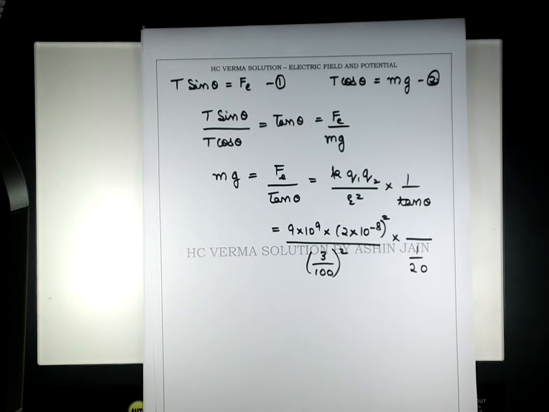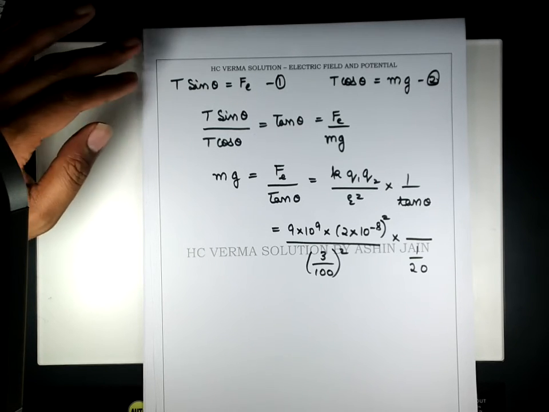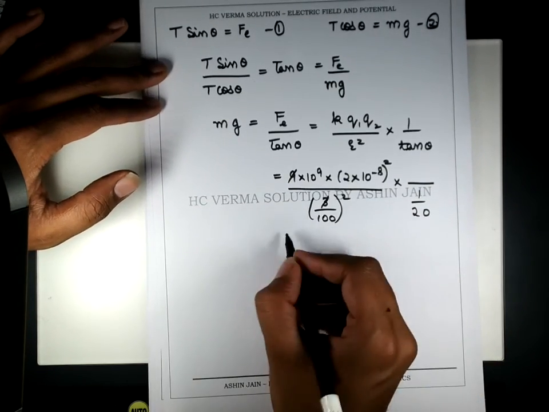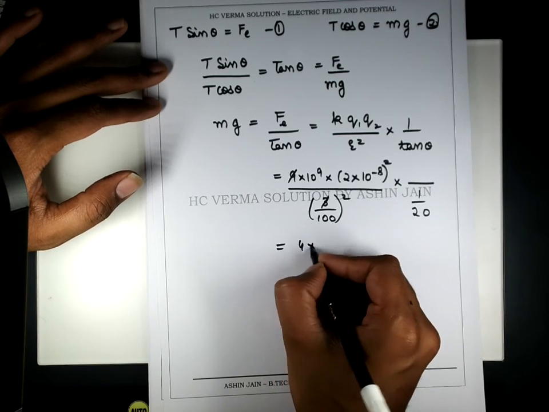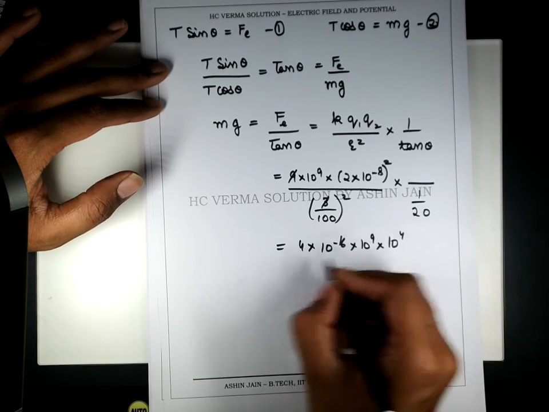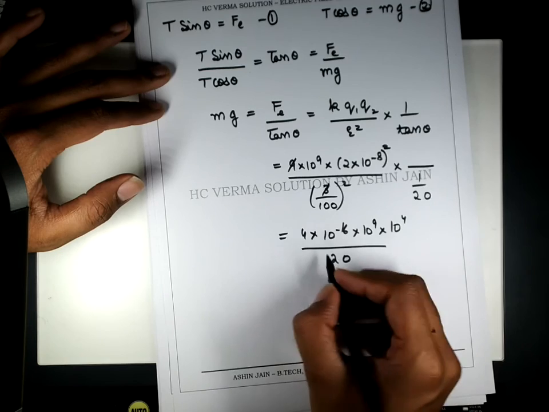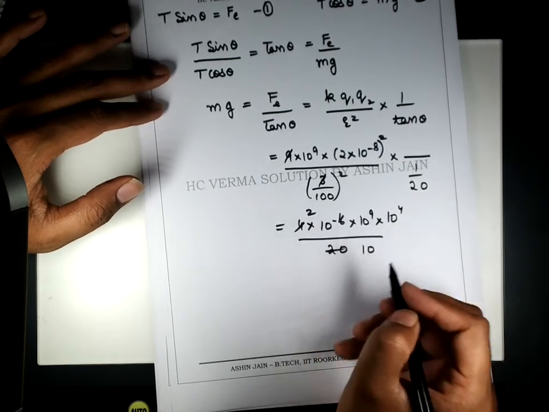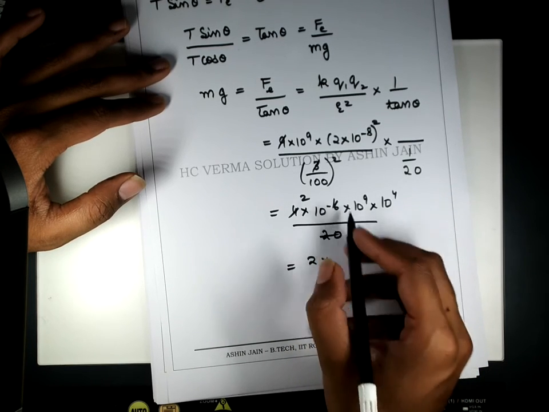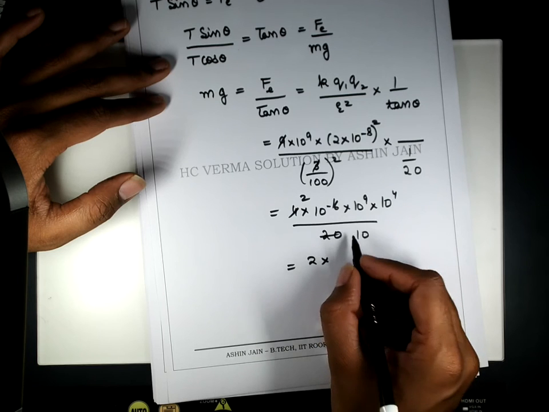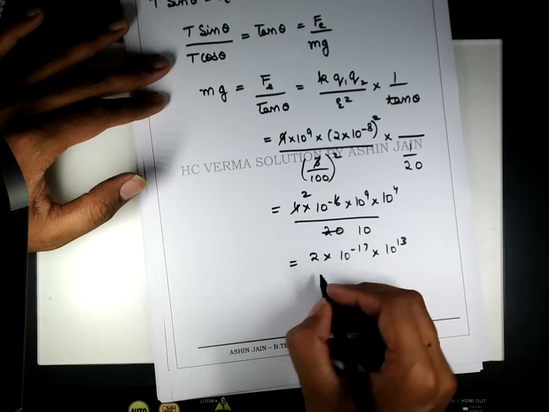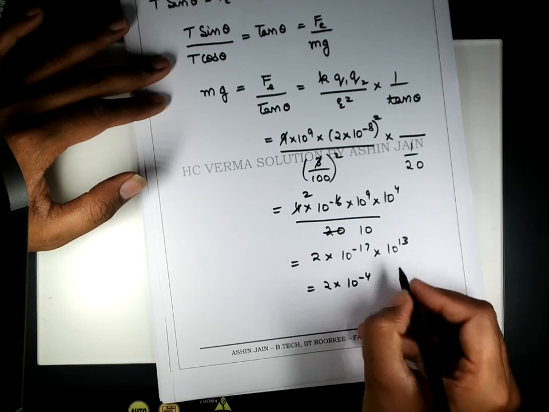On solving this particular equation, let's see what things come out to be. This 3 square and 9 get cancelled out. The first part is 4 into 10 to the power minus 16 into 10 to the power 9 into 10 to the power 4, whole thing divided by 20, which makes it 2 into 10 to the power minus 17 into 10 to the power 13, or 2 into 10 to the power minus 4.